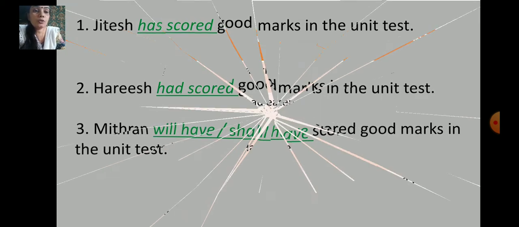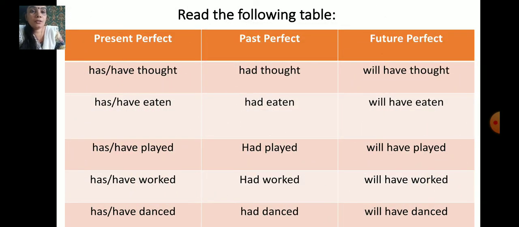And for this also we have a table. So present perfect is has or have. Past is only had. And future is will have or shall have. Okay. Has or have thought, had thought, will have thought. So have eaten, had eaten or will have eaten. Have played, had played, will have played, and so it goes on. So anyway, the dashes will be given.